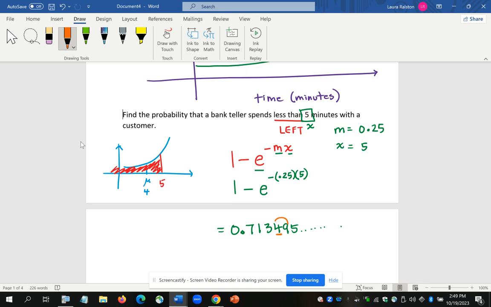Next door is a 9, which is going to bump it. So it's 0.7135. So the probability that a bank teller spends less than 5 minutes with their customer is about 71%.